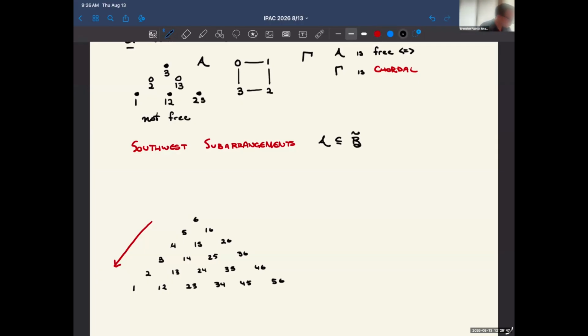And what's one example? Well, I could do 1, 2, 3, 4, but not 5 and not 6. And then maybe I do 1, 2, but I give up on this diagonal. I give up the ghost. And then maybe I have a full diagonal. That can happen.